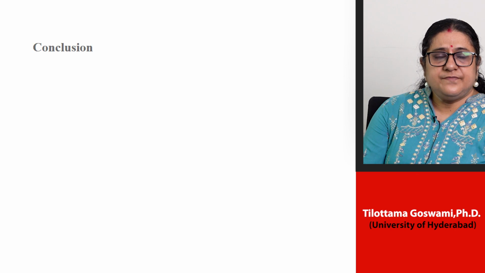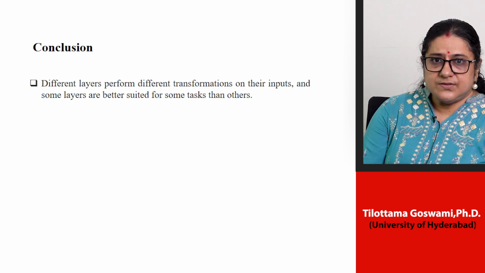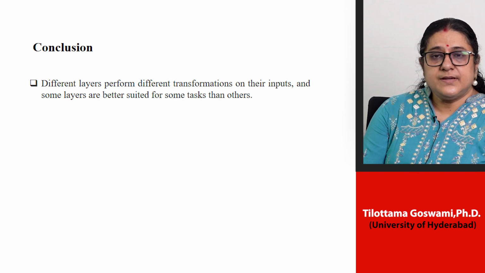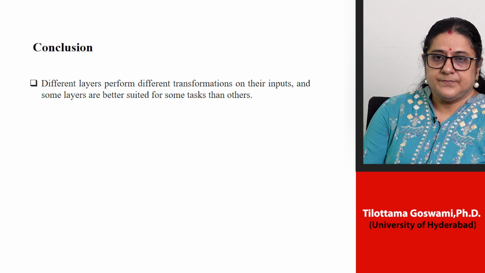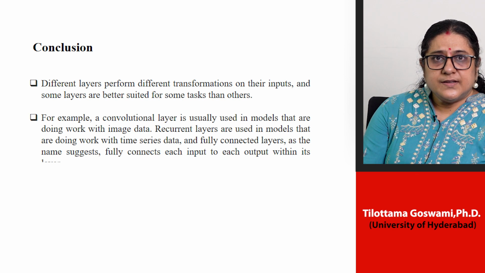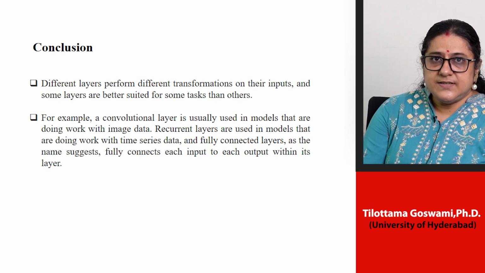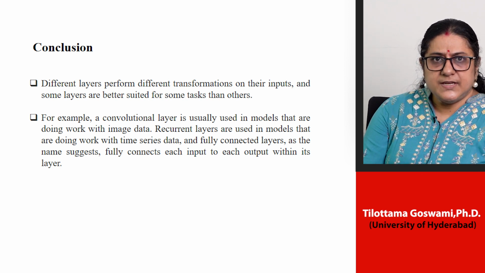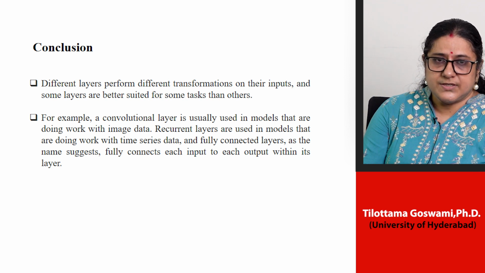The conclusion: the different layers we have seen perform different transformations given an input, and some layers are better suited for some tasks than others. If the data is sequential, a time series, then we use an LSTM layer. If it is just image data, then we use the convolution layer.